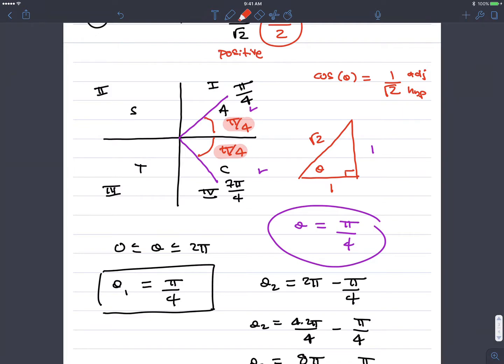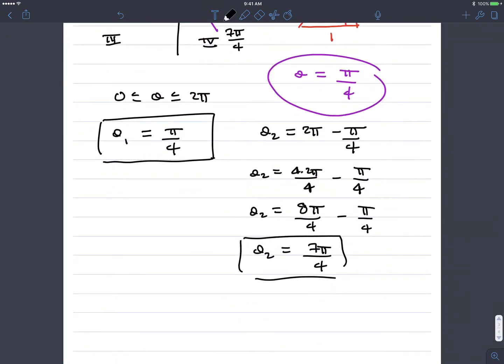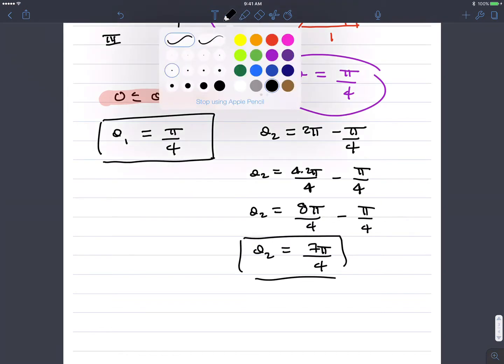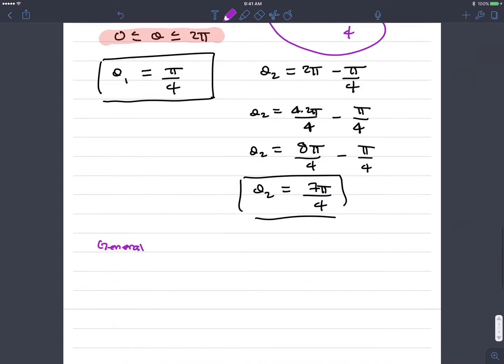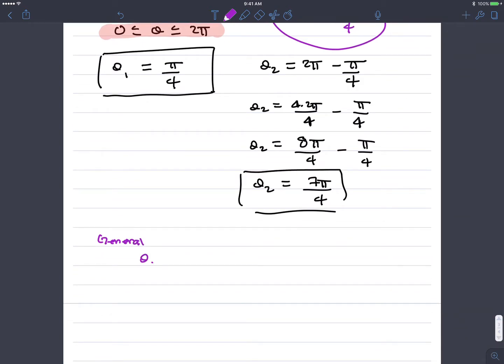The second thing we have to remember is when they ask us for a general solution, right? These are particular solutions in this interval here from 0 to 2 pi. But if they say, hey, what's the general? You know, and they may. For your general solution, you're going to take your particular solution theta 1, which is pi over 4. And what are you guys going to add again?